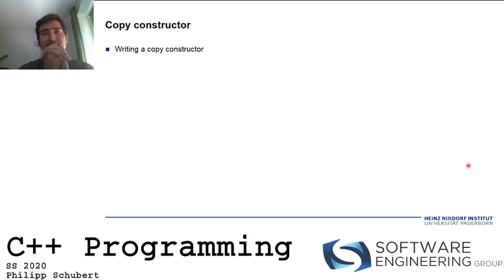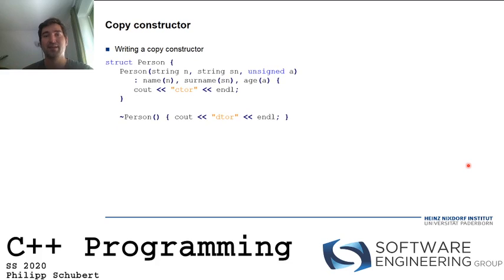Copy constructor. How to write a copy constructor? Again, we need to be able to copy variables of a certain type, for instance, if we pass them into a function, parameter passing. Again, here we have our data members untouched. We also have our constructor, destructor left as is.